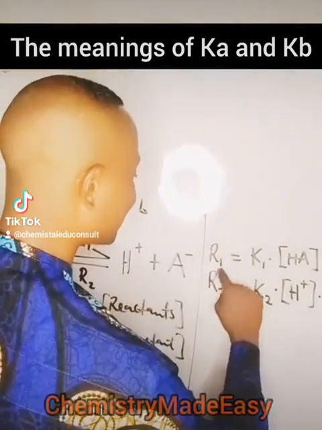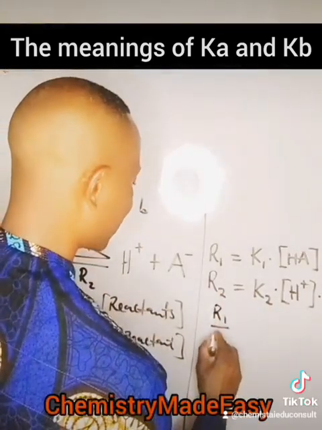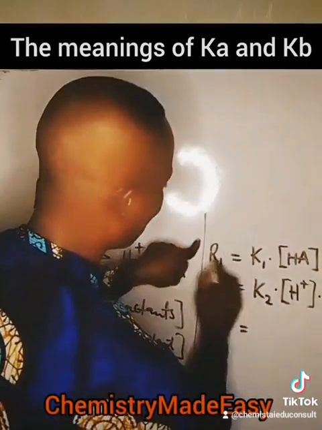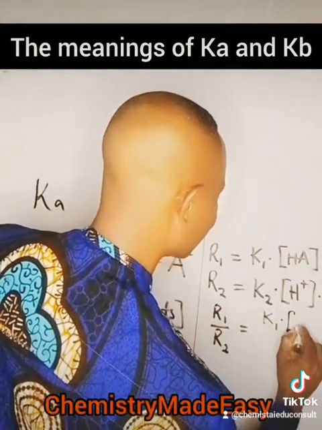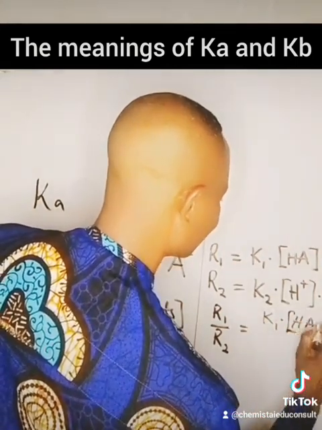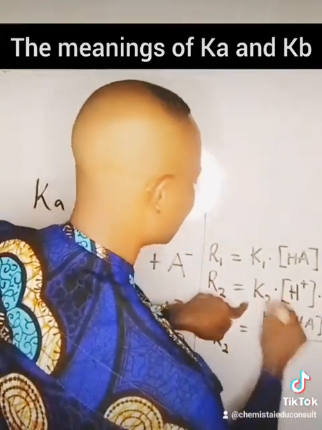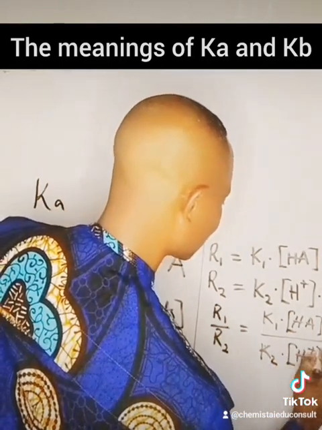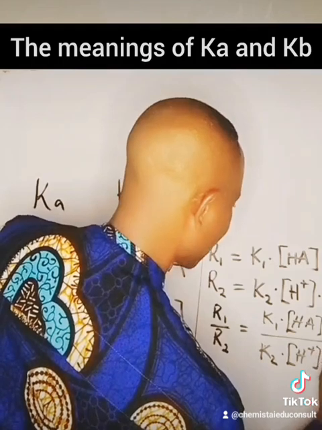If you divide this R1 with R2, let's do that. R1 divided by R2 will give us, since the whole R1 means this, K1 times active mass of HA, divided by R2, which is this, K2 times active mass of H+ times active mass of A-.